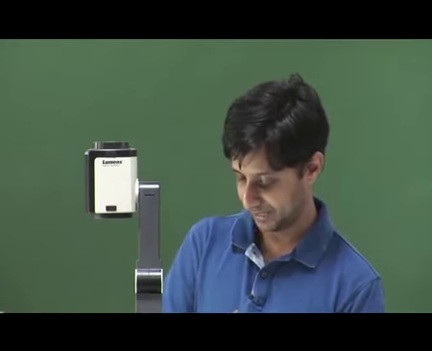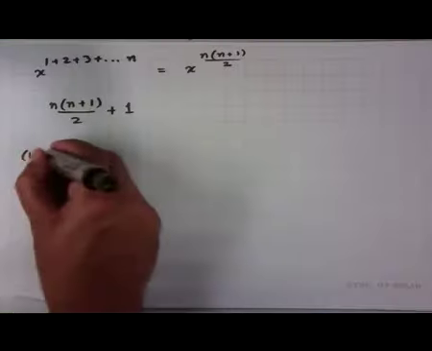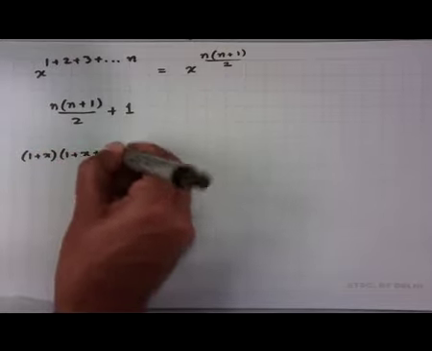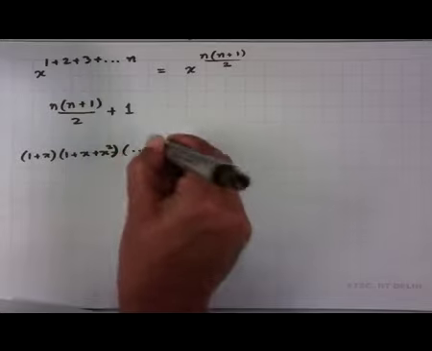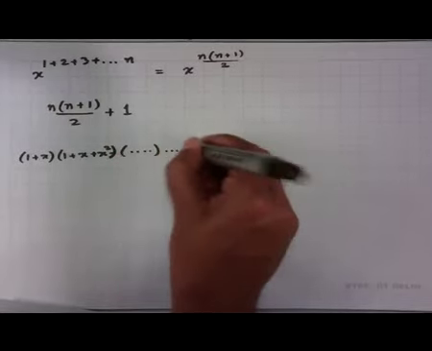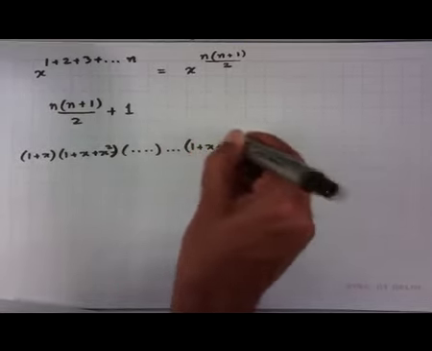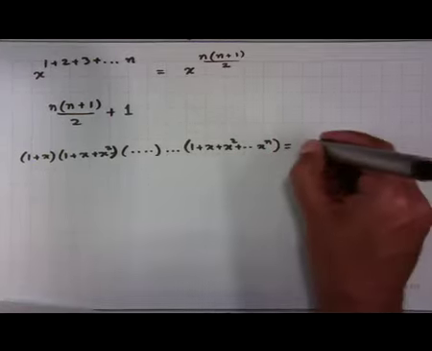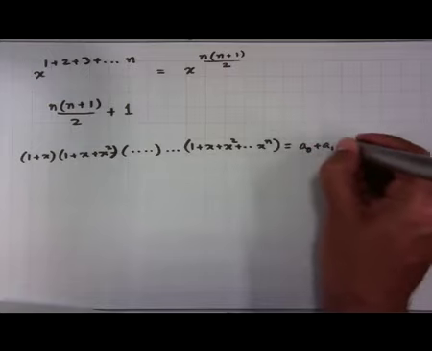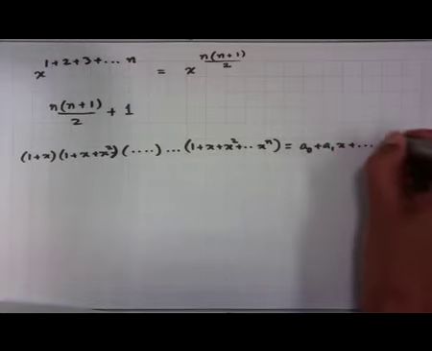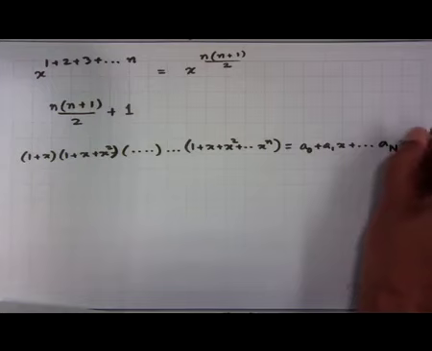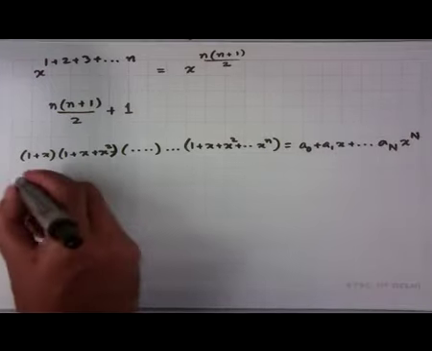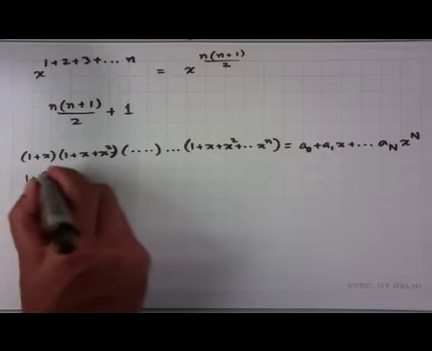So, for example, if 1 plus x times 1 plus x squared times dot dot dot times 1 plus x power n is equal to a 0 plus a 1 x plus dot dot dot to a capital N x power capital N, then what will be 1 plus x power minus 1?